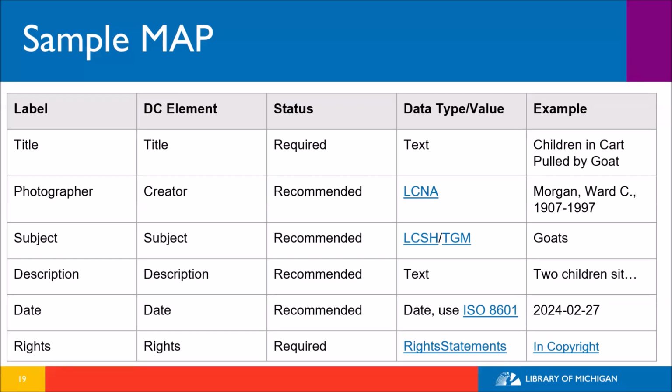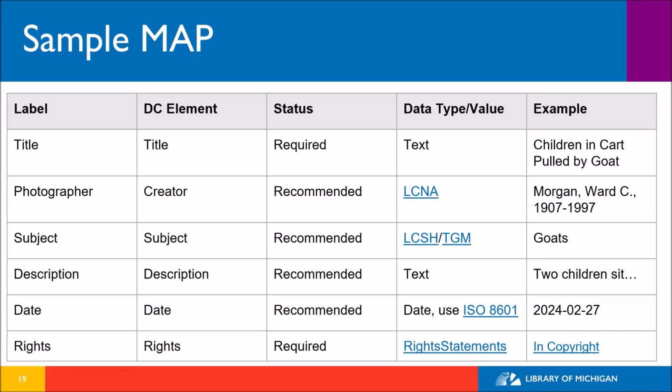You can also see clearly if the field is required to have data in it, or if it's recommended or optional. You can see here I've required the title in the rights field. And the column for data type and value will tell you if you should be using a controlled vocabulary or metadata standard for your data, or if it's just a free text field.